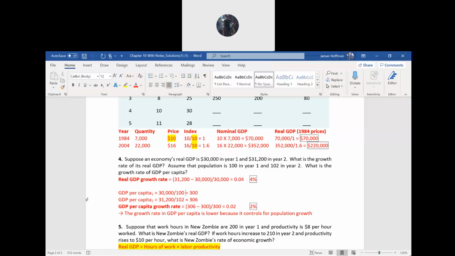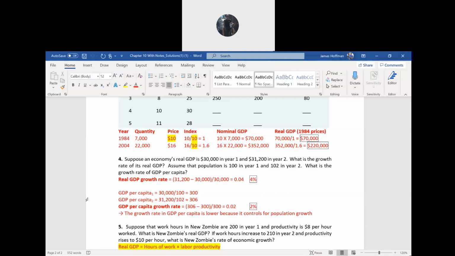So per capita, that's 300, 30,000 divided by 100. Okay, and then GDP per capita in year 2, the GDP in year 2 was 31,200. The population in year 2 was 102. So GDP divided by population is roughly 306.